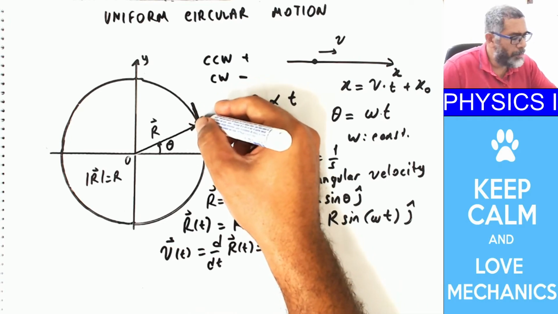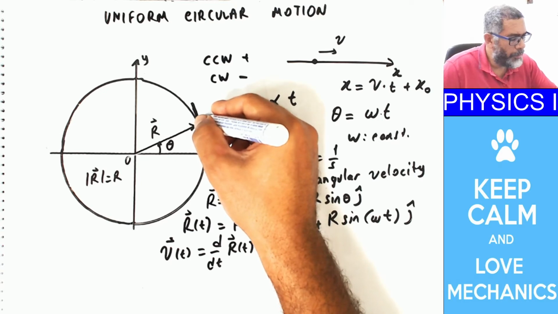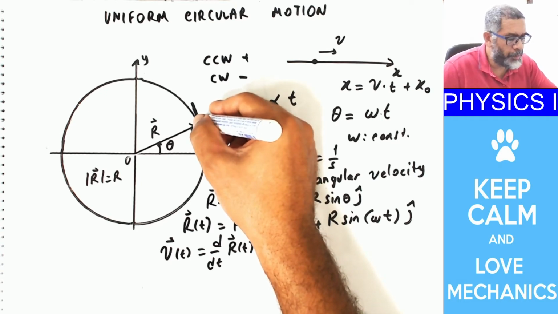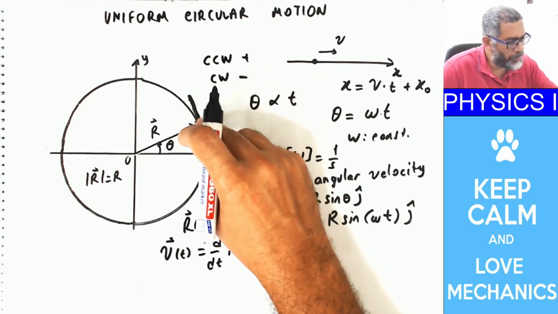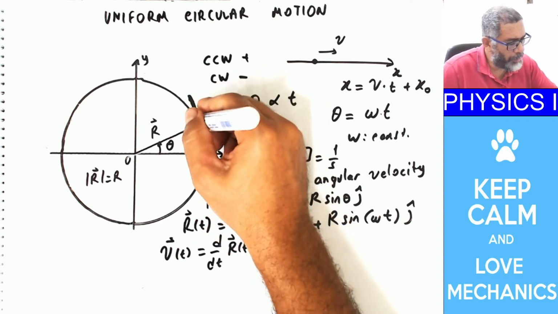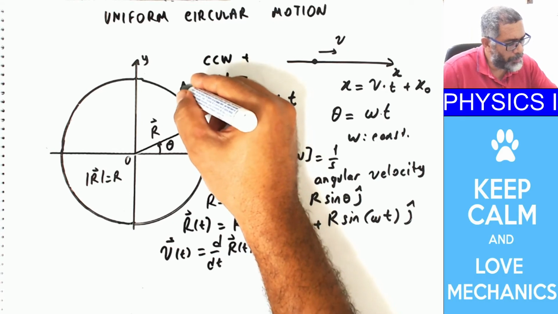So at this point, for example, the velocity vector of this object is going to be just a tangent line, a tangent vector. Right at this point, it's going to be a tangent vector.